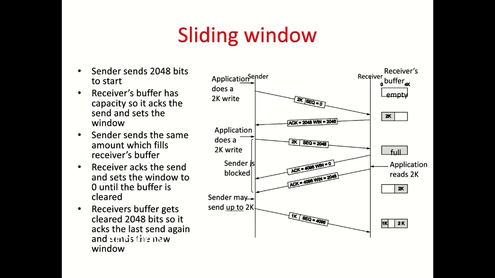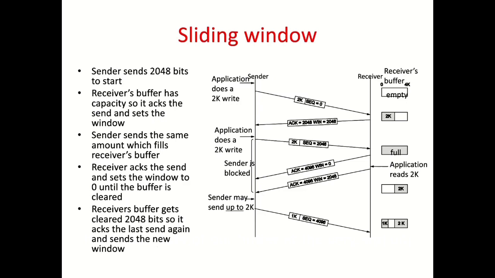It gets sent back to the sender, and the sender says, fantastic, I can continue sending another 2K bytes. But instead of sending 2K, the application layer of the sender goes, I only need to send 1K, so I'm just going to send 1K across. And that's the state of our buffer at the very end.